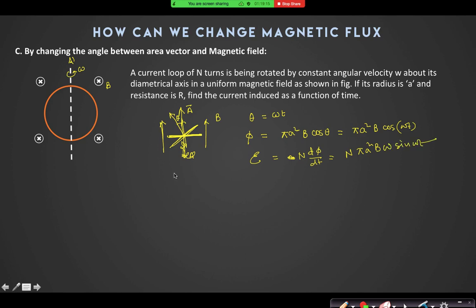And if its resistance is R, what is the current? Current is n pi a square B omega divided by R into sine omega t. So current will be a sinusoidal function.